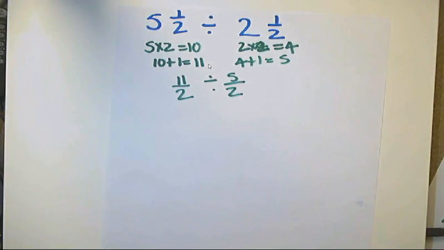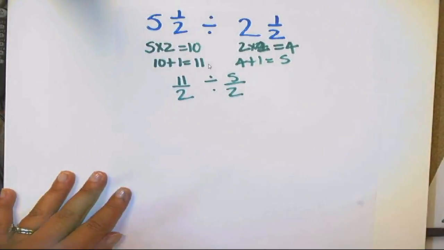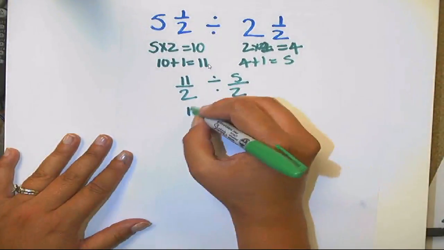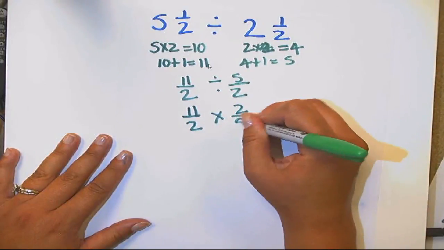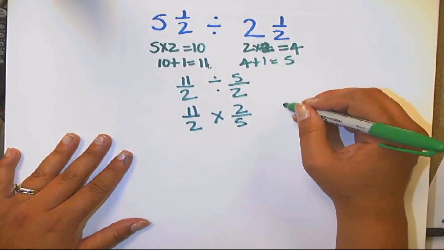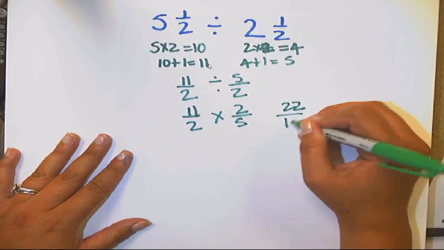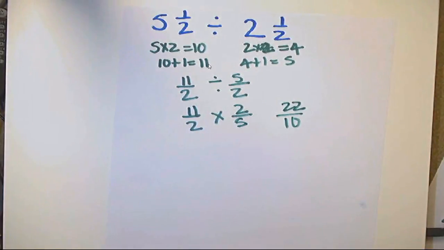Okay? So now I'm going to swap it. I now have two fractions that don't have whole numbers, so I can flip the second fraction and then multiply across the board. So this is 11/2 times 2/5. Multiplying straight across, I get 22/10. I know that that is an improper fraction that I need to change into a mixed number.